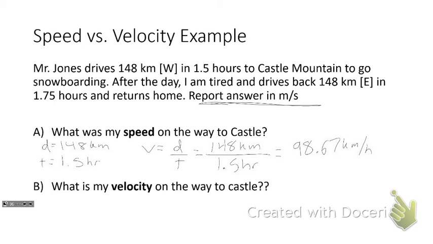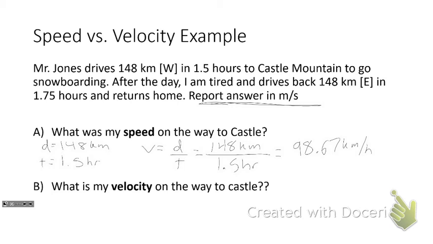Okay, and I know we are reporting our answer in meters per second, so write this down somewhere. I'll write it over here. So kilometers per hour to meters per second, simply divide by 3.6. I can show you guys the proof for that if you want.